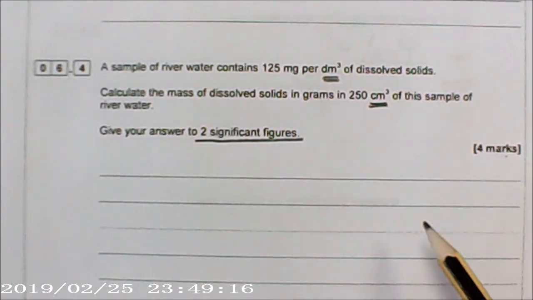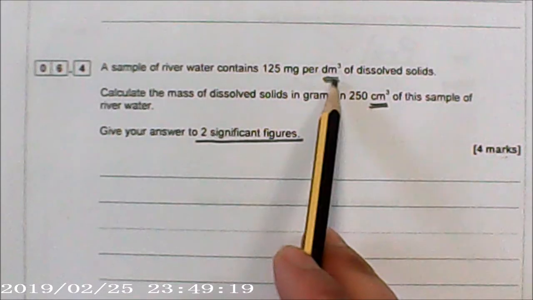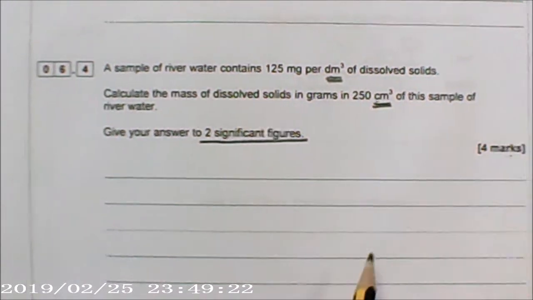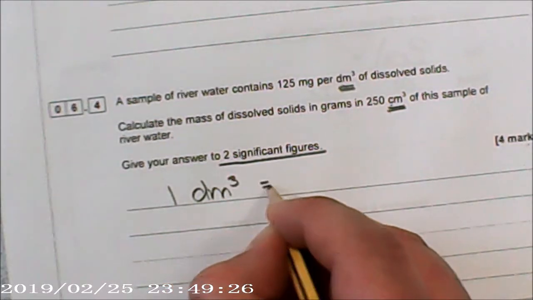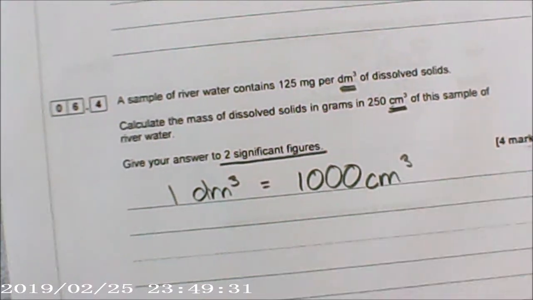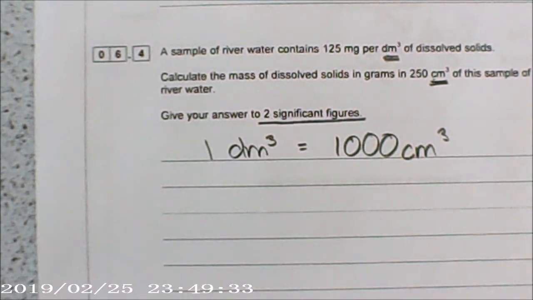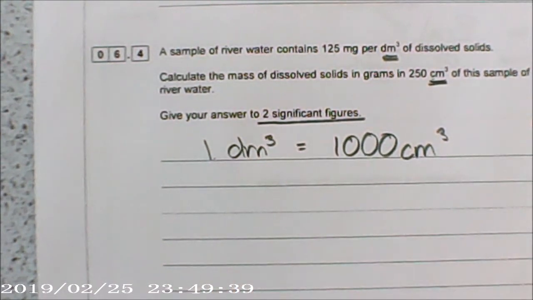And I've actually underlined one of the things that stood out as I was reading it, is that you've got 2 different units here. Okay, now 1 decimeter cubed is 1,000 centimeters cubed, okay, or a litre. So 1,000 centimeters cubed is a litre. So 1 decimeter cubed is 1,000 centimeters cubed.